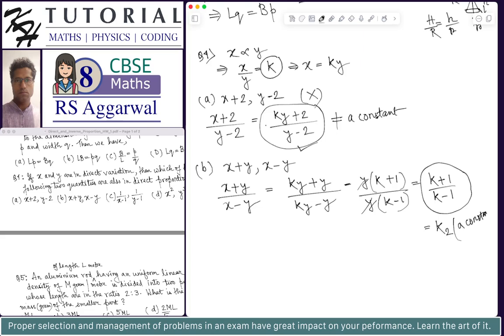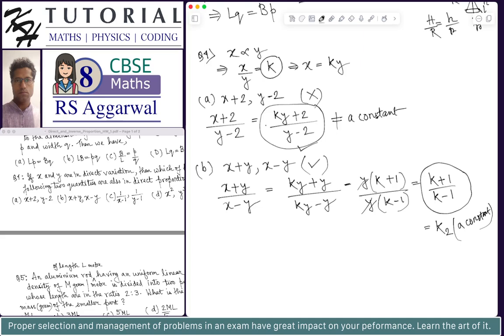So the quantities x + y and x - y are definitely in direct variation, because their ratio is coming out to be a constant, which is (k + 1)/(k - 1), where small k is the constant of proportionality of the two quantities x and y, that is x/y = k.